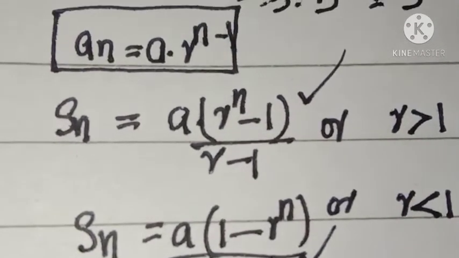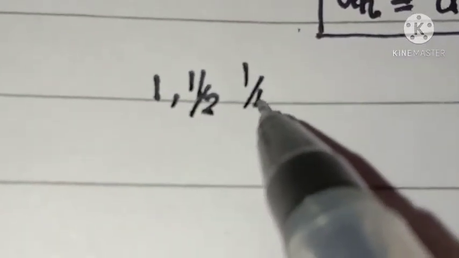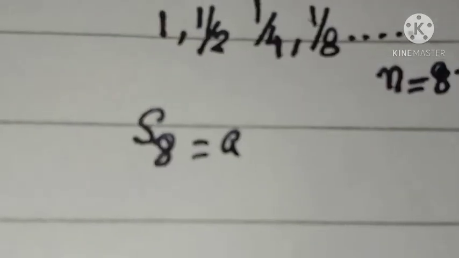Okay. For example, suppose we have a GP. Listen. 1, 1 by 2, 1 by 4, 1 by 8, etc. Suppose there are n equal to 8 terms. So what is the sum to 8 terms of this GP? S8 is equal to, write the formula, A into, here the common ratio.